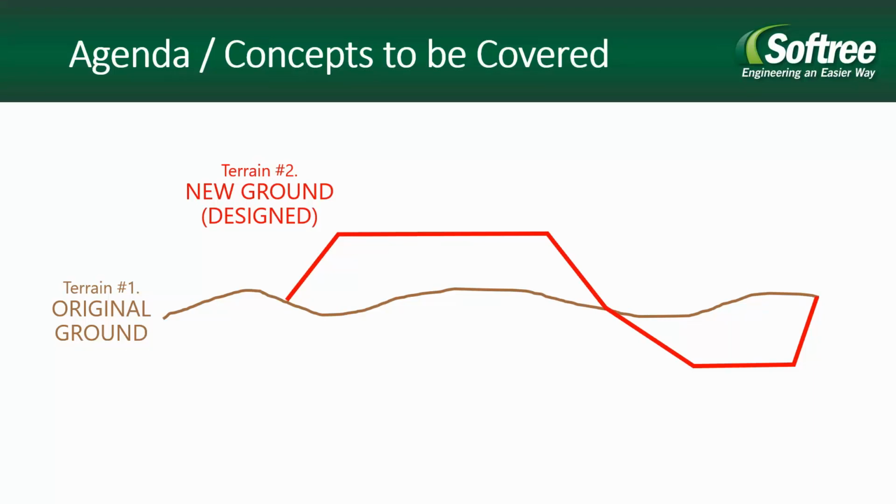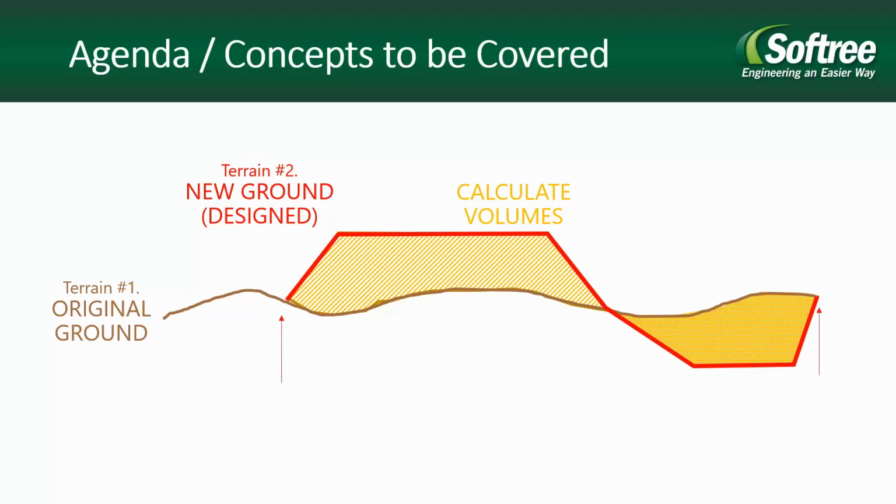This could be a pad, pit, pond, or other site designs. With these two elements in their own terrains, we calculate volumes for the new surface. We do it now for more accurate volumes because you have a defined boundary of disturbance.